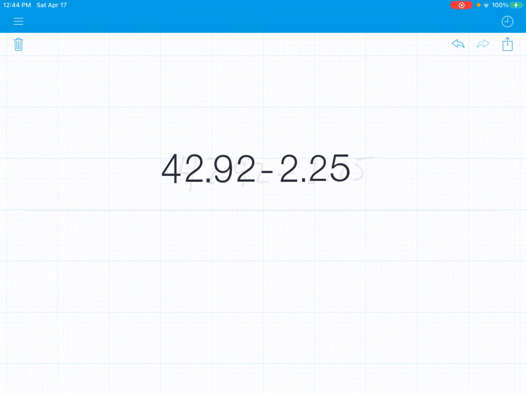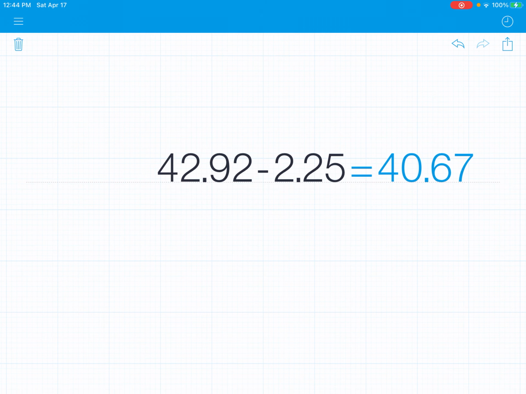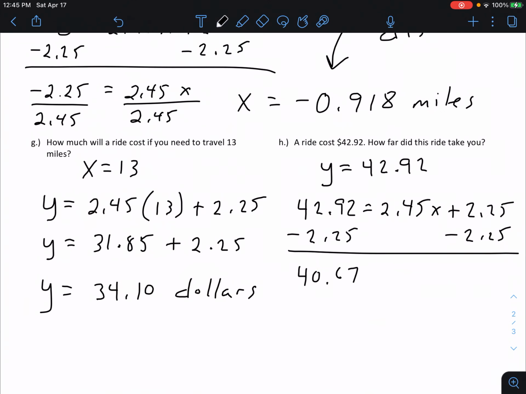See if I'm right. Dang, 40.67. All right, equals 2.45x. Divide by 2.45. Notice how we're doing the exact same thing for all these. When we have the y, we're adding or subtracting something, and then we're dividing by something.